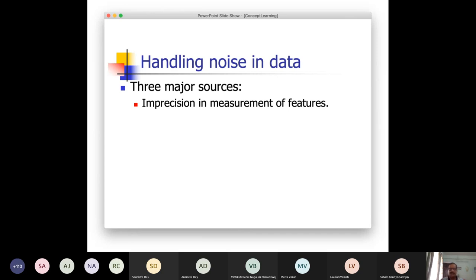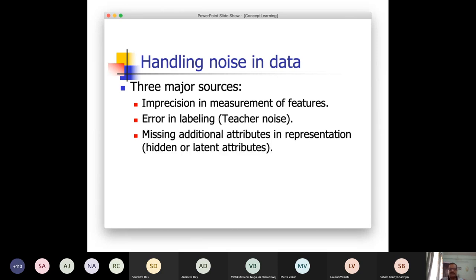First, imprecision in your measurement of features. Second, error in labeling, which we call teacher noise. And third, you may miss additional attributes in representation, so your representation is not capturing the total variability of the data.